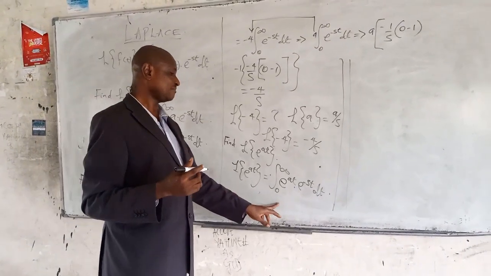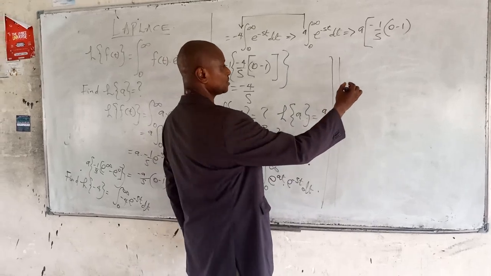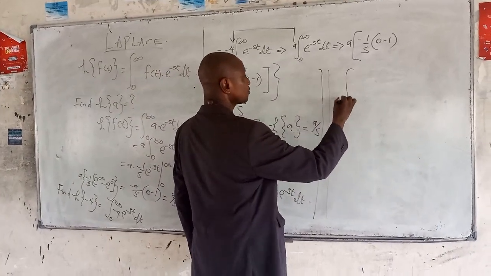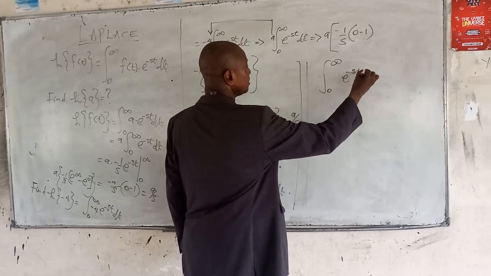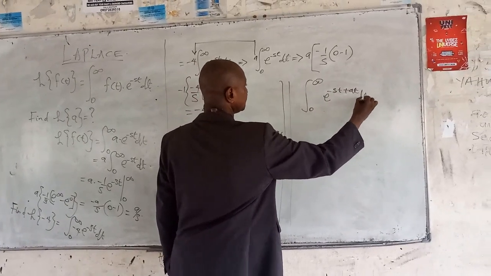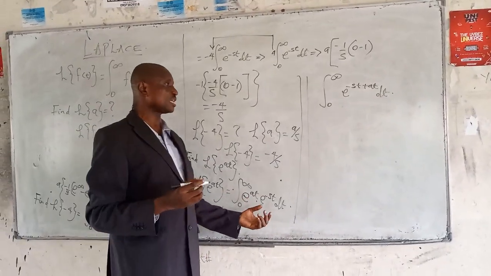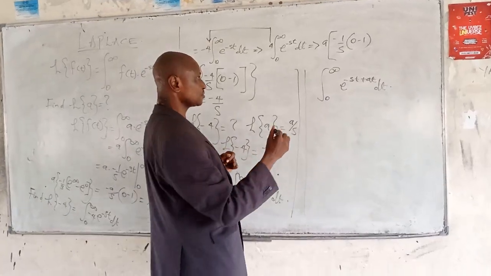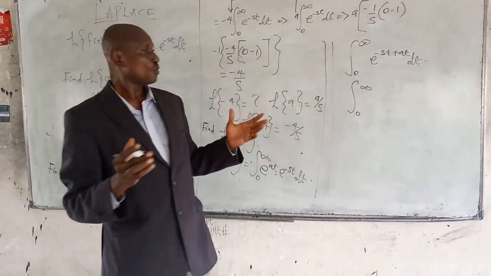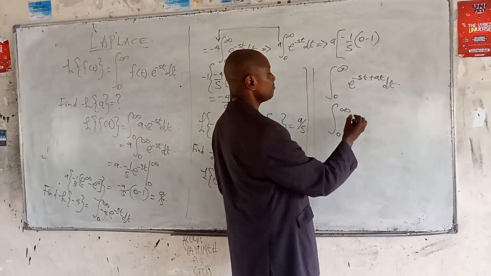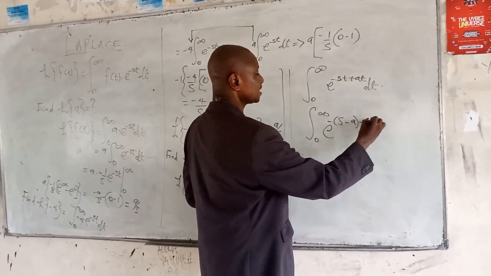So when we arrive at this point, the multiplication sign, of course, gives you addition, and that gives us the integral from 0 to infinity of exponent minus st plus at dt. Because of the multiplicative order of the exponential function, we now have the integral from 0 to infinity of exponent minus s minus a, bracket t, dt.